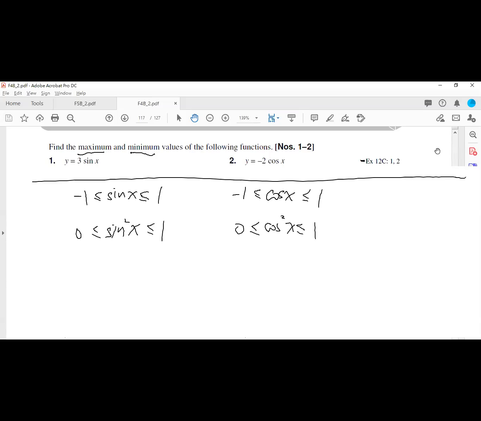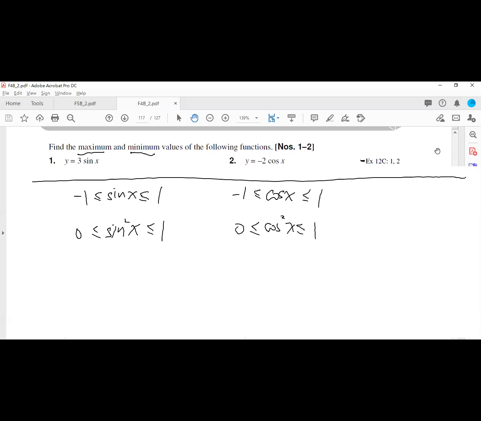Actually, sine x and cosine x are symmetric. What sine x can do, cosine x can also do. What sine square x can do, cosine square x can also do. They have the same pattern.